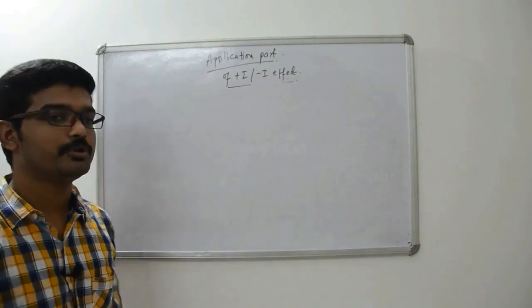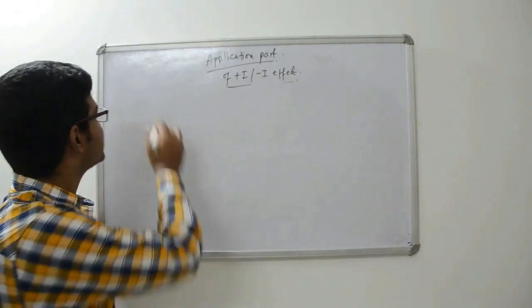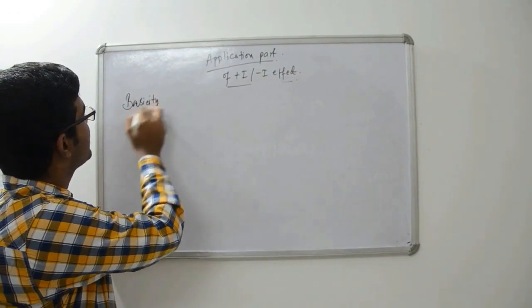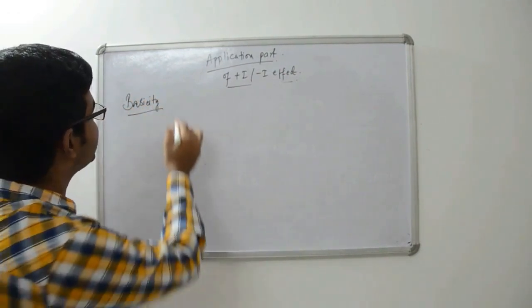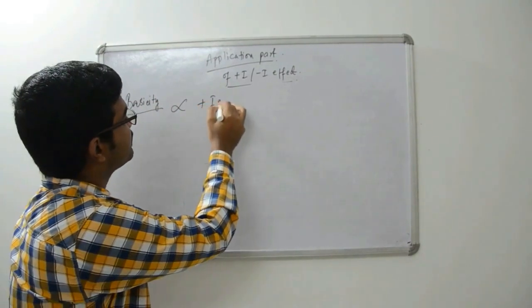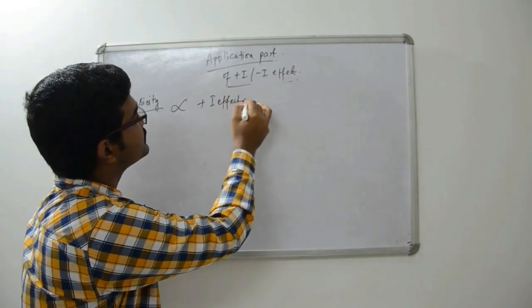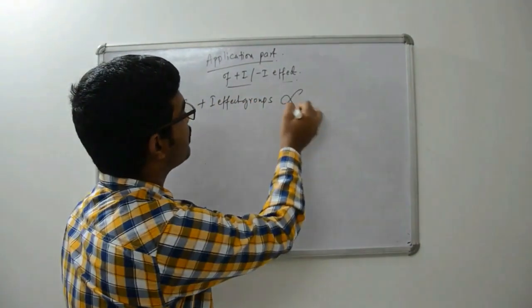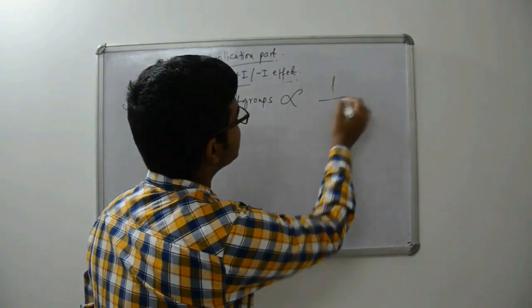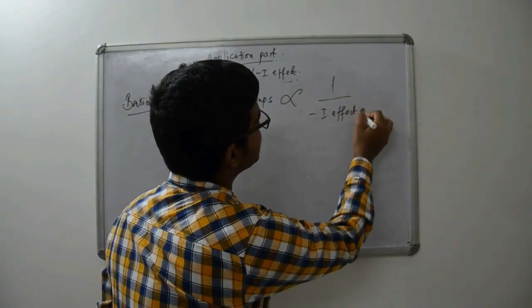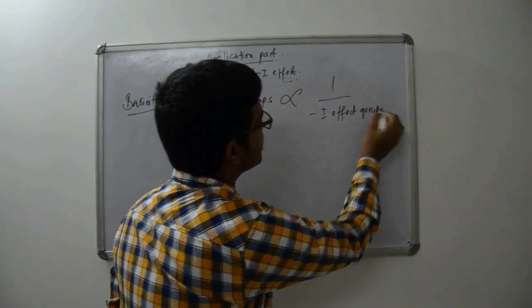Now we move towards the basicity part. So basicity is directly dependent on plus I effect groups and is also inversely dependent on the number of minus I effect groups.